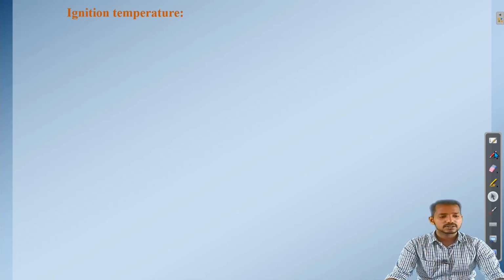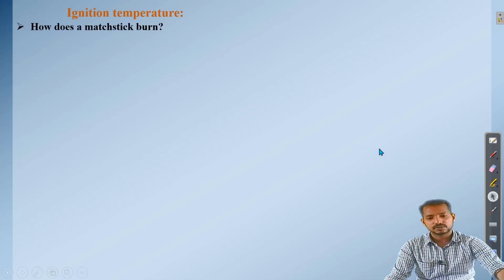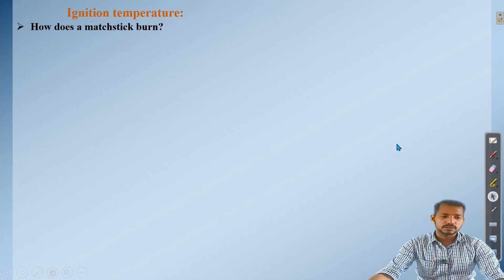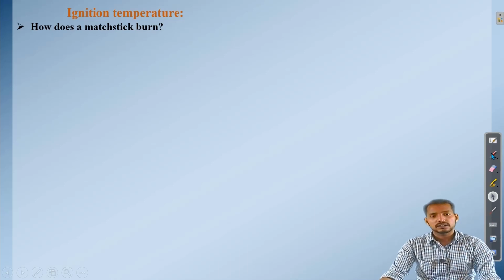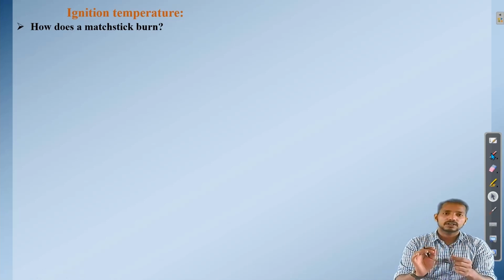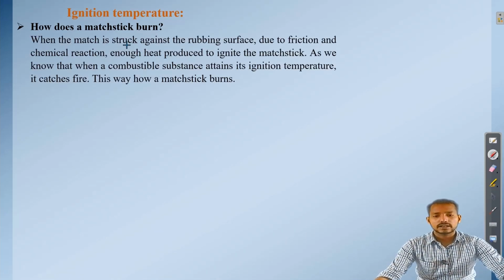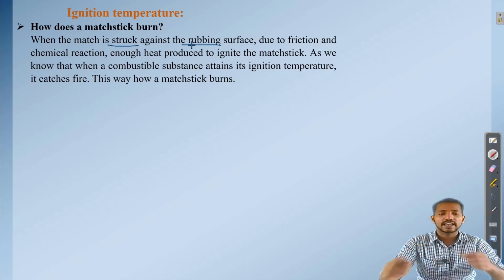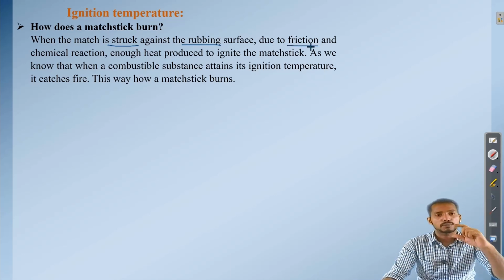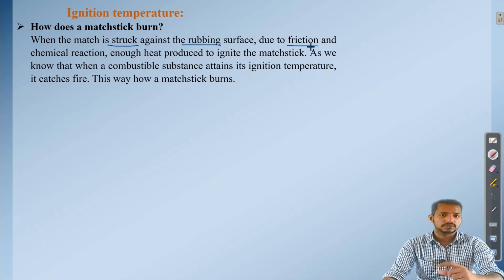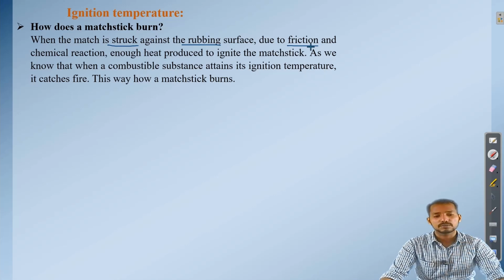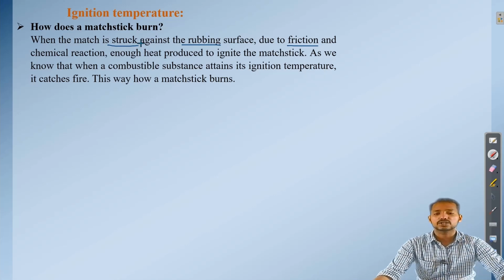First I'm starting with: how does a matchstick burn? In the case of a matchstick, we know that we do not need to provide a flame. When a matchstick is struck against a rubbing surface, due to the friction, you can touch the surface of the matchbox, it is somewhat rough, it's not smooth. So there will be a significant amount of friction and a chemical reaction will take place.